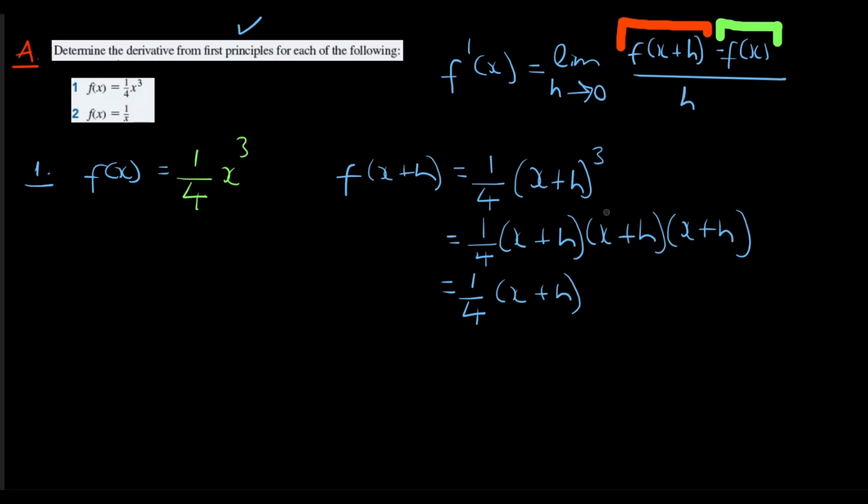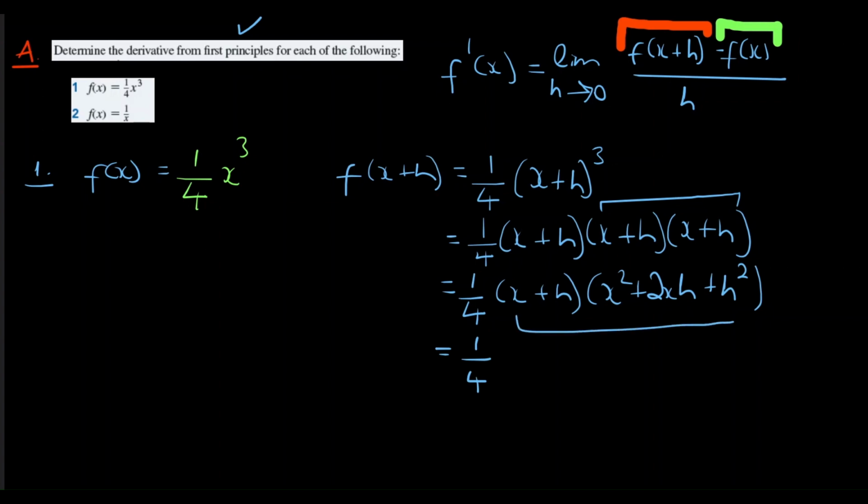So we're going to FOIL these two brackets, then we're going to get x squared plus 2xh plus h squared, and then we're also going to apply the same thing on these two brackets. Then we're going to have x cubed plus 2x squared h plus xh squared.